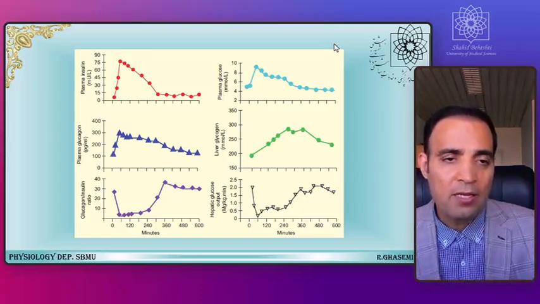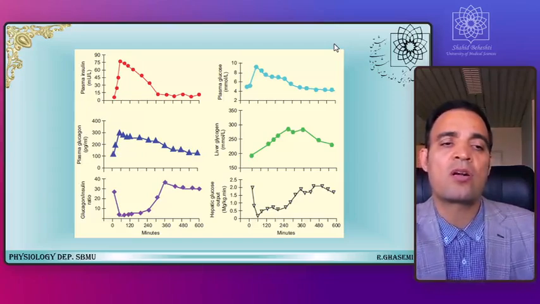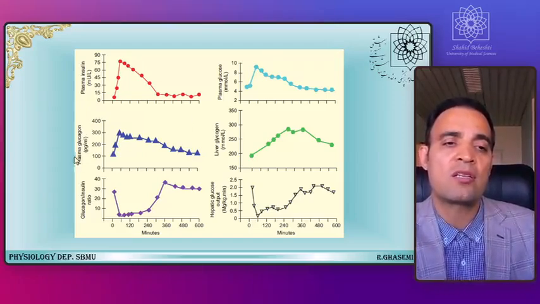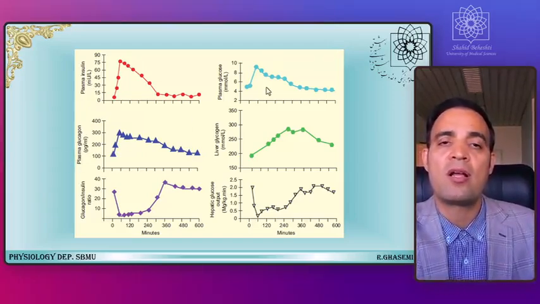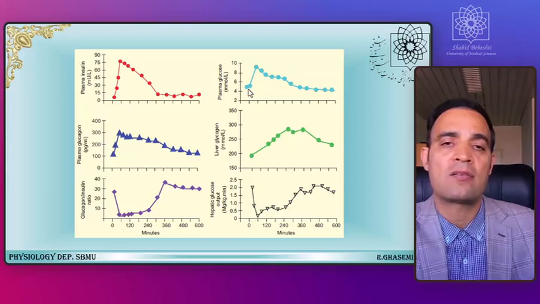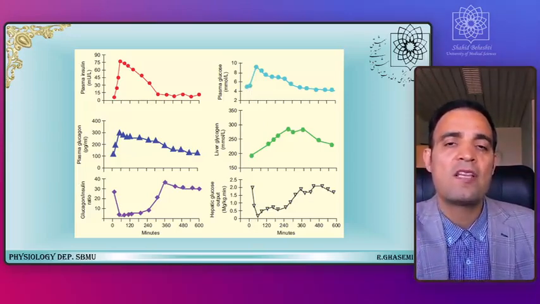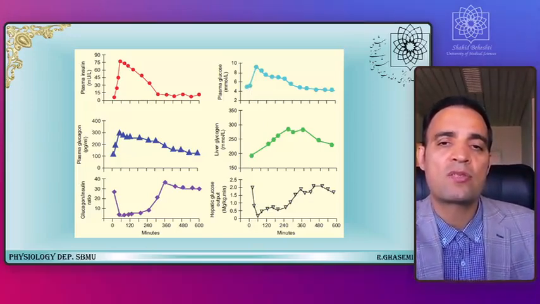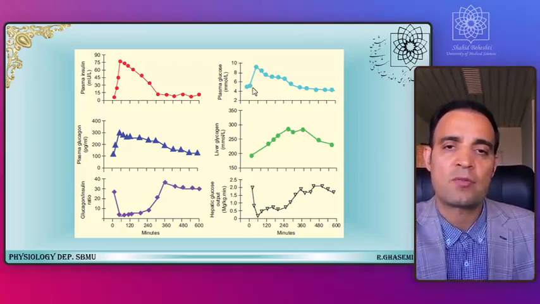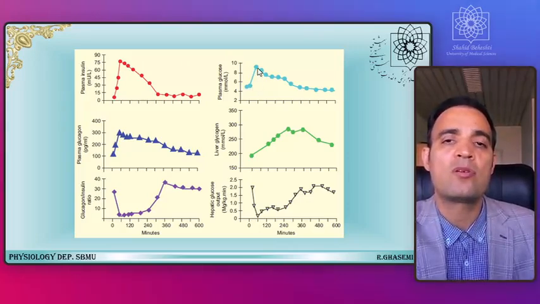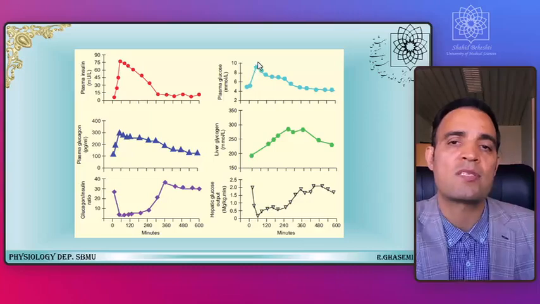You are comparing the ratio of glucagon to insulin, glucagon plasma, and the glucose concentration in the course of time. Imagine we increase the blood glucose from time zero to very high levels. This time glucose is increasing.